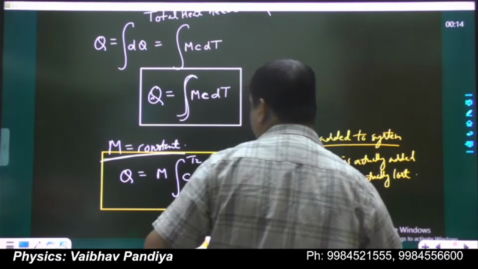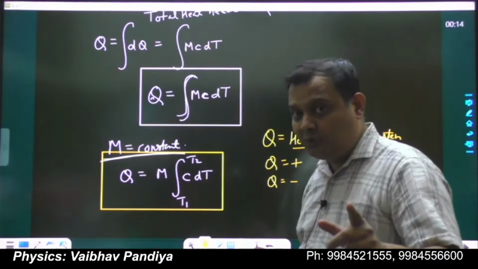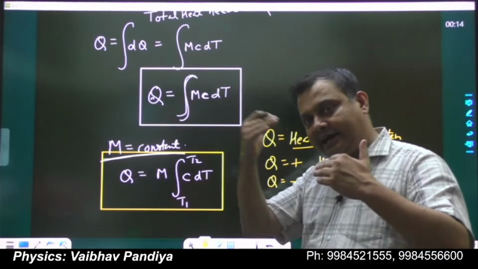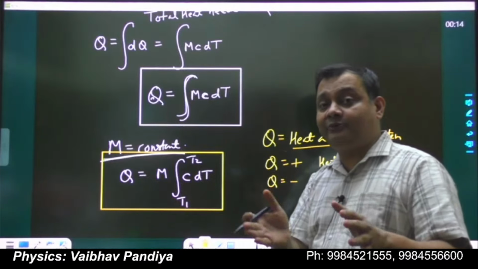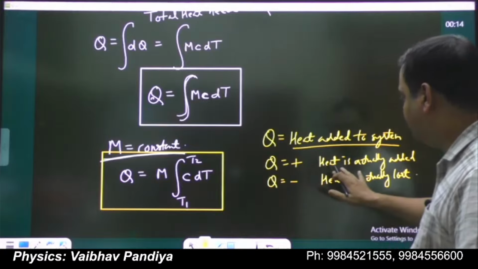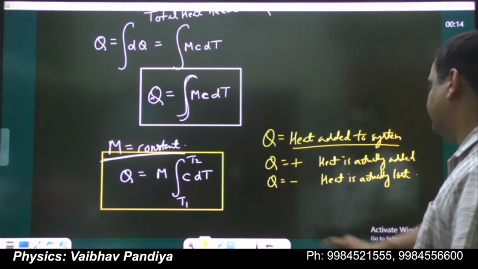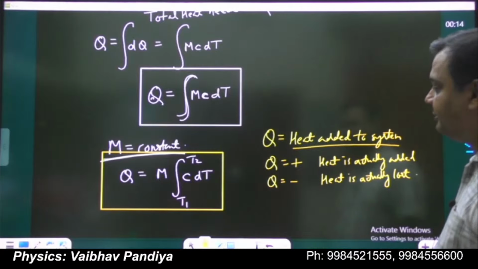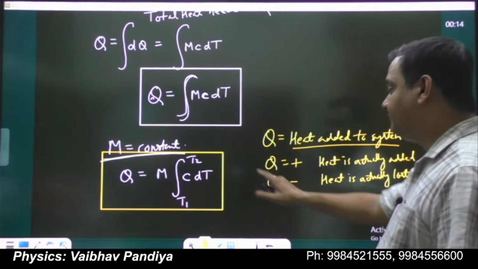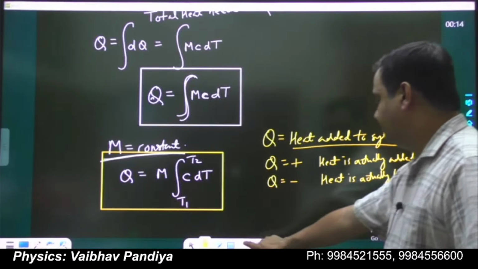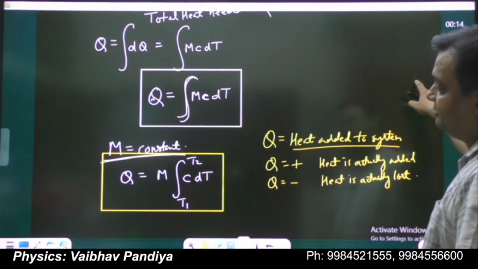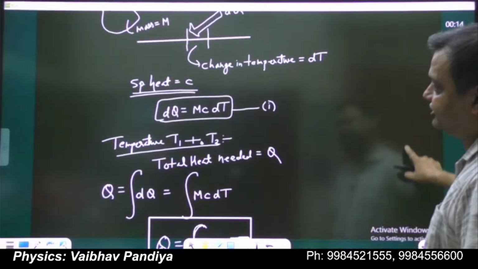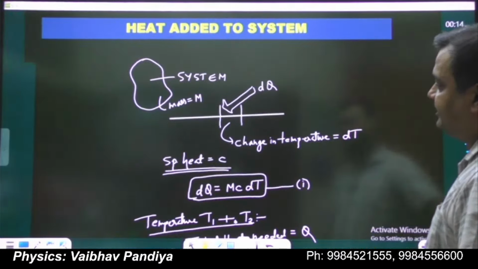But our convention will be heat added. Whenever we write Q, Q will denote the heat added. So Q can be positive or Q can be negative, depending on what actually is happening. So we are taking one convention, the heat added to the system or heat gained by the system, that is m times the integral of c dT. Got it? So this is the formula for finding the heat gained by the system in terms of the specific heat and change in temperature.